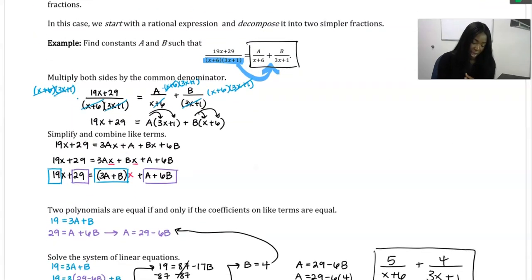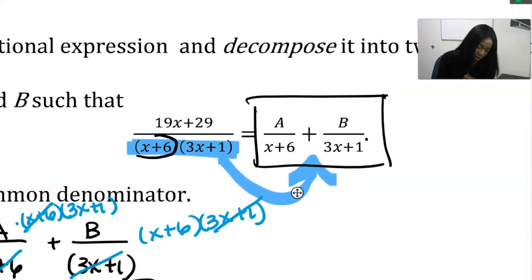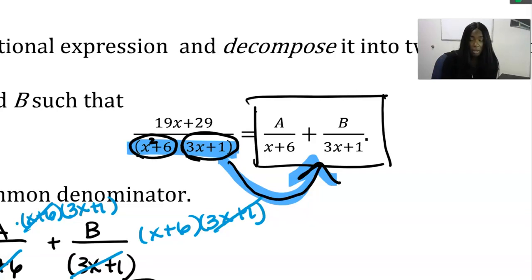And so what I mean by that is that this factor is a line. This factor is a line. We're not going to be doing things that say like x squared plus 6 in the bottom, because then that changes the setup of what we're going to be doing. So we're going to look at kind of like the simplest examples of partial fraction decomposition in this lesson.